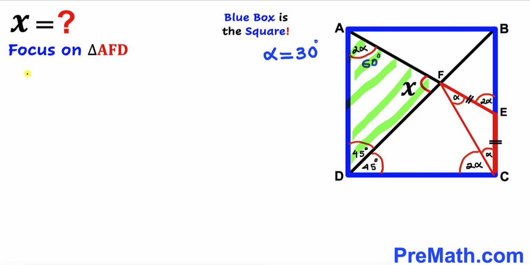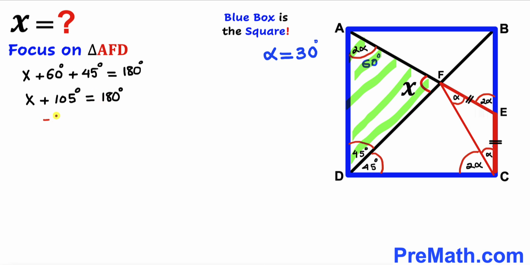We can write angle X plus 60 degrees plus 45 degrees must be equal to 180 degrees. Let's combine the like terms. Angle X plus 60 degrees and 45 degrees, if we add them, gives us 105 degrees, equal to 180 degrees.